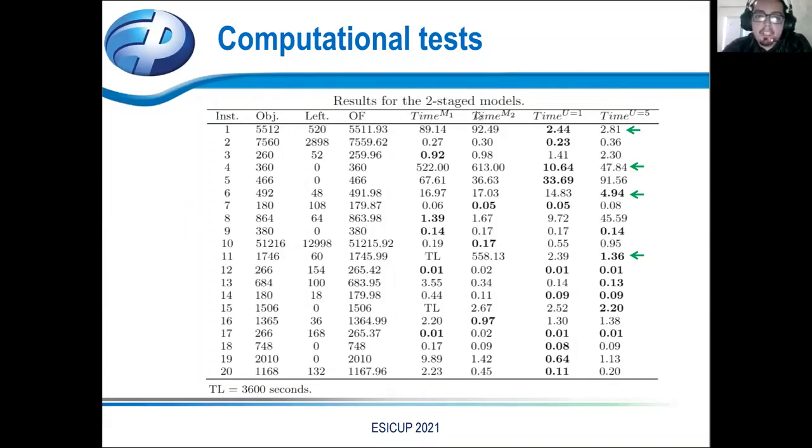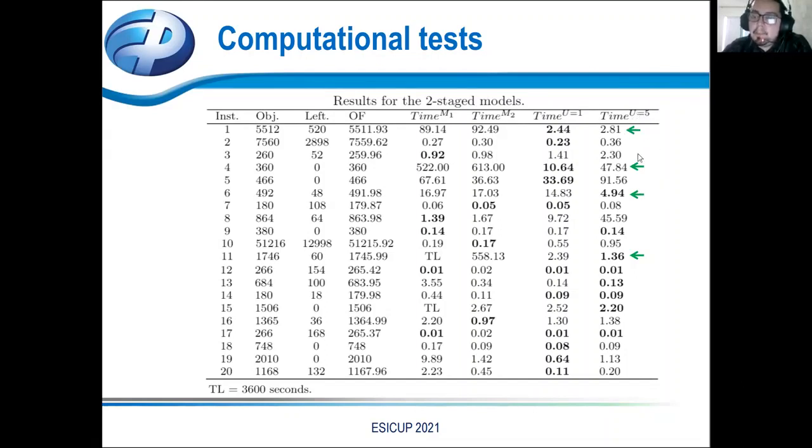For the two-staged case, for the 20 instances, highlighted in bold are the shortest times for each instance. All the models found the same optimal solution; just the time varied between the models: the two models from Andrade and our model, with capital U equal to 1 and capital U equal to 5.